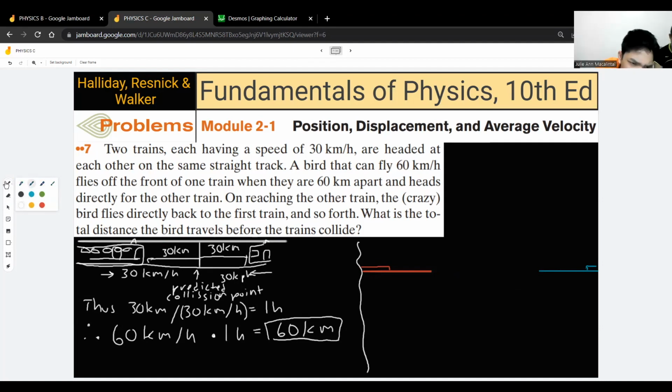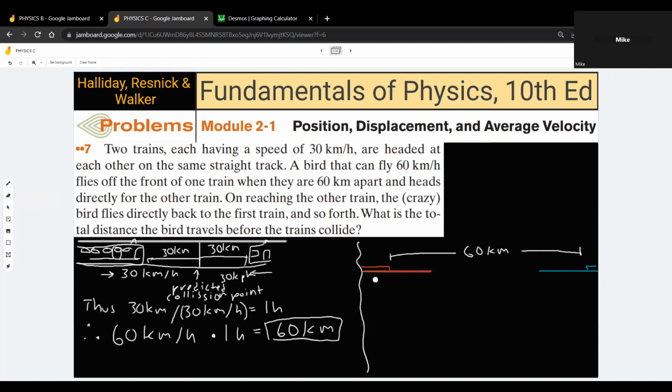So, they have to collide at the exact same time. So, it makes sense. T, time until collision.